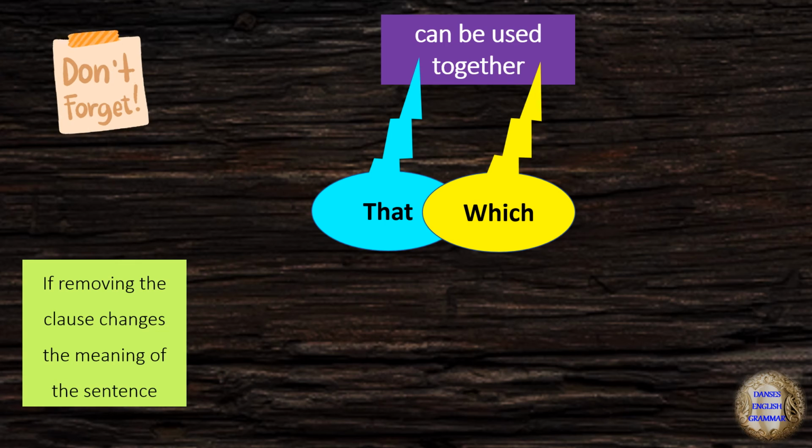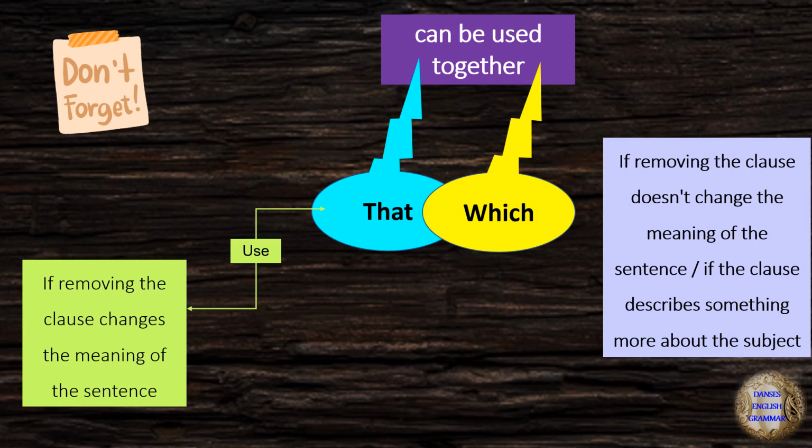If removing the clause changes the meaning of a sentence, then you need to use that. If removing the clause does not change the meaning of the sentence, or if the clause describes something more about the subject, then you need to use which.